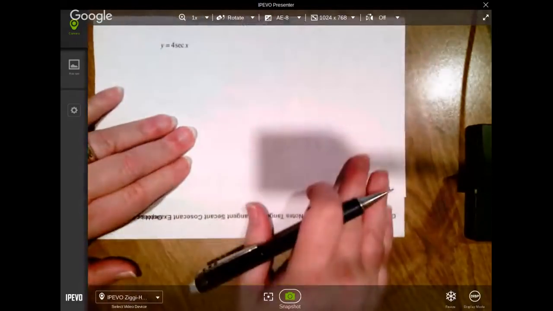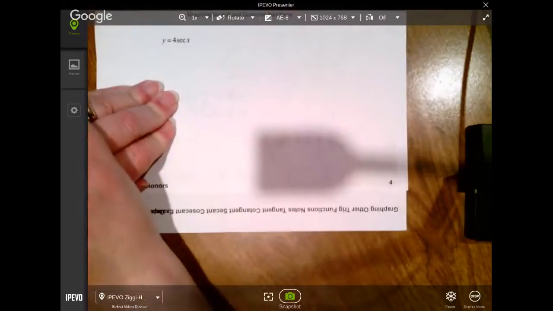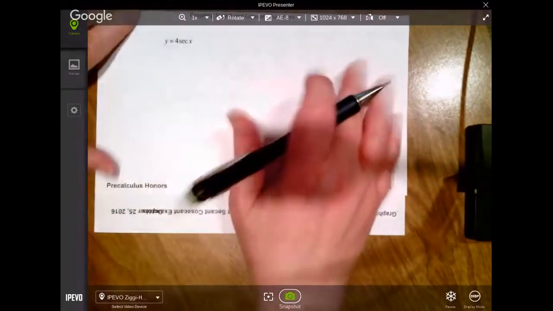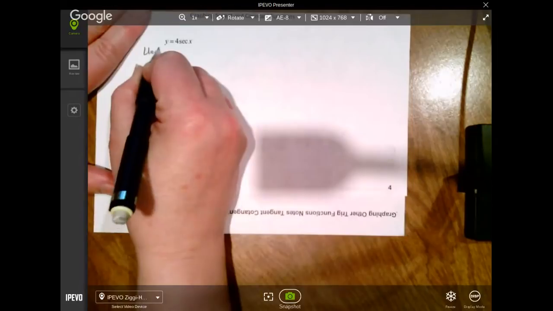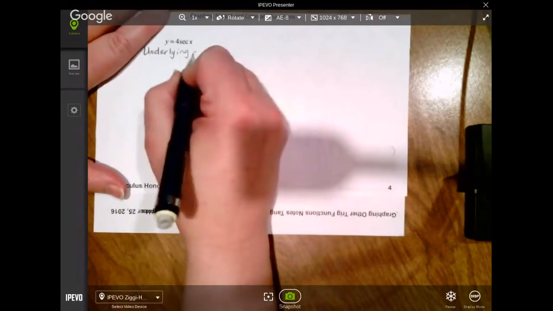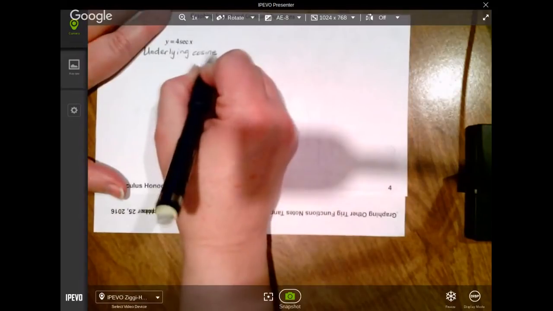And these are the steps to graphing a secant graph. All right, so secant is the reciprocal function of cosine. So what we're going to do is graph the underlying, is what I call it, the underlying cosine guide wave.